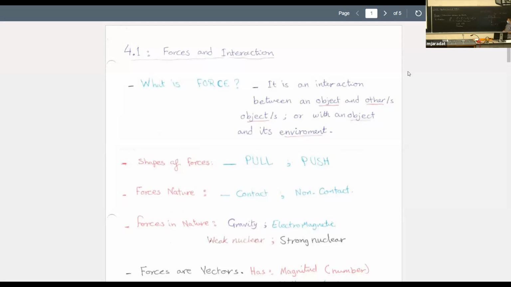For example, if the weight is 12, I'll draw here. Now we have the force downward is 12, but the normal force is 10. What will happen?